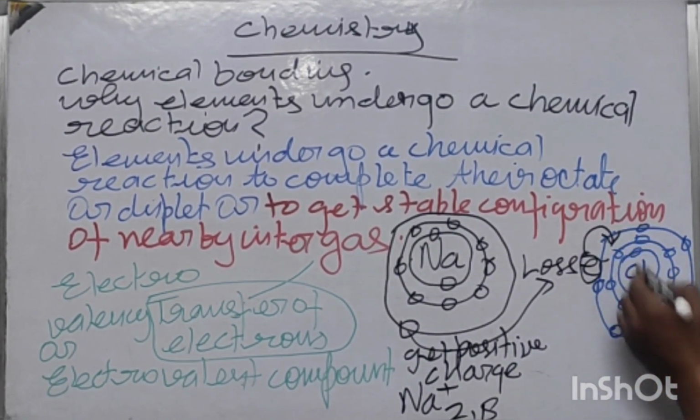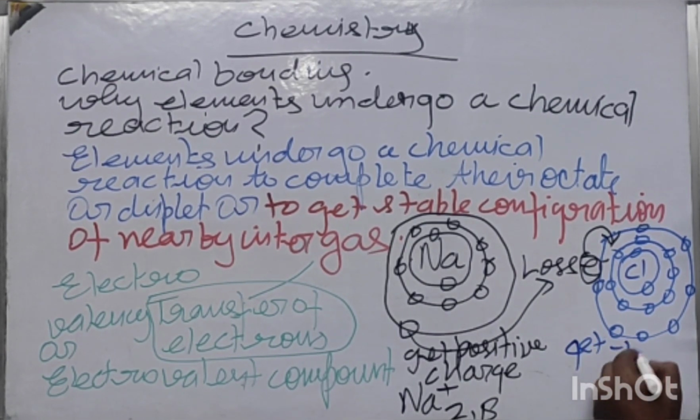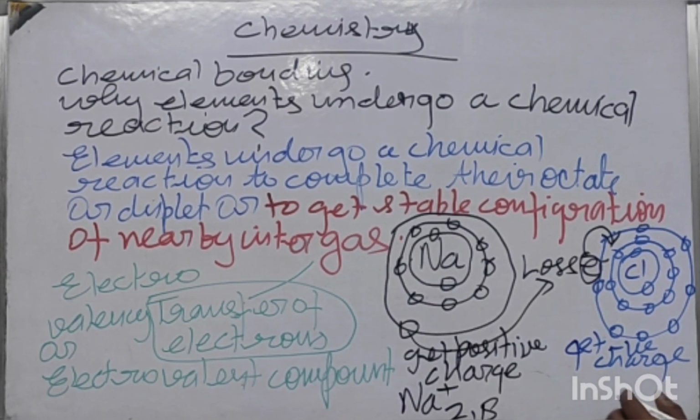When it takes one electron, it gets negative charge, and then it gets electronic configuration.